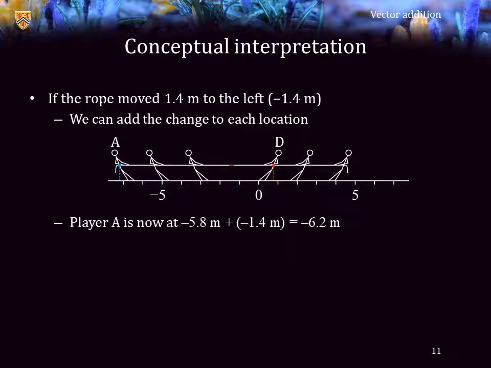So now player A is at negative 1.58 meters plus negative 1.4 meters, which is now negative 6.1 meters. And player D is at 2.2 meters plus negative 1.4 meters, which is now 0.8 meters. So it makes sense to add two real numbers if one was a location and the other is a change in that location.